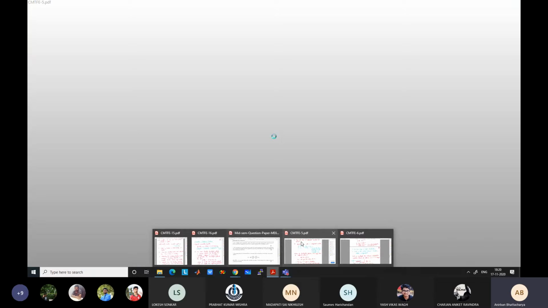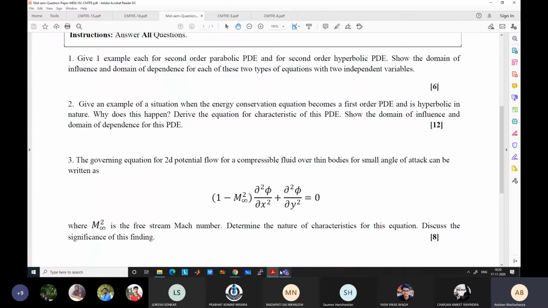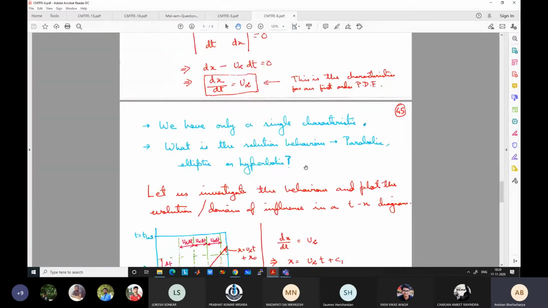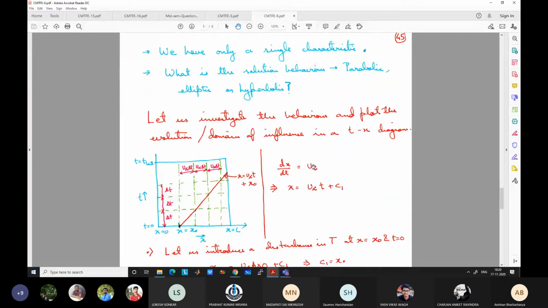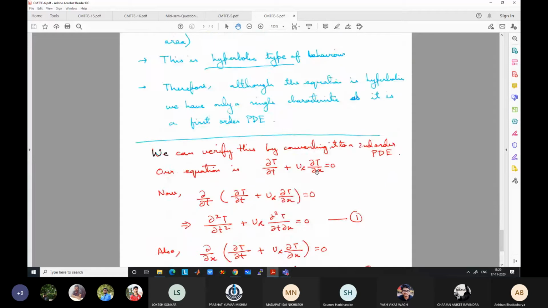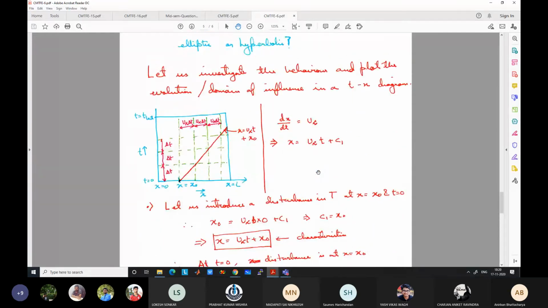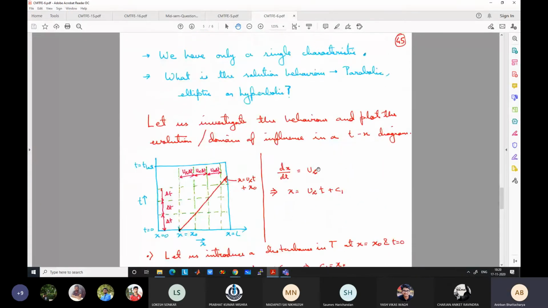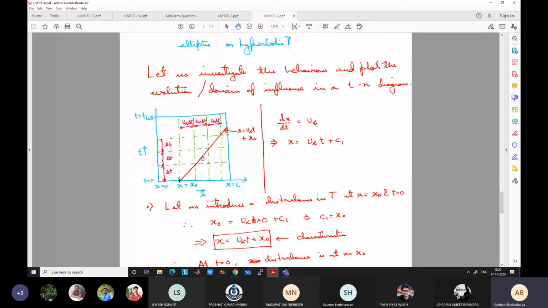Again, many of you have answered wrongly. Okay, so if I go back to the notes here, it is not shown here directly, but say there is a disturbance at any point, say at this point where my mouse cursor is. So domain of influence is always bounded by the characteristics, right?